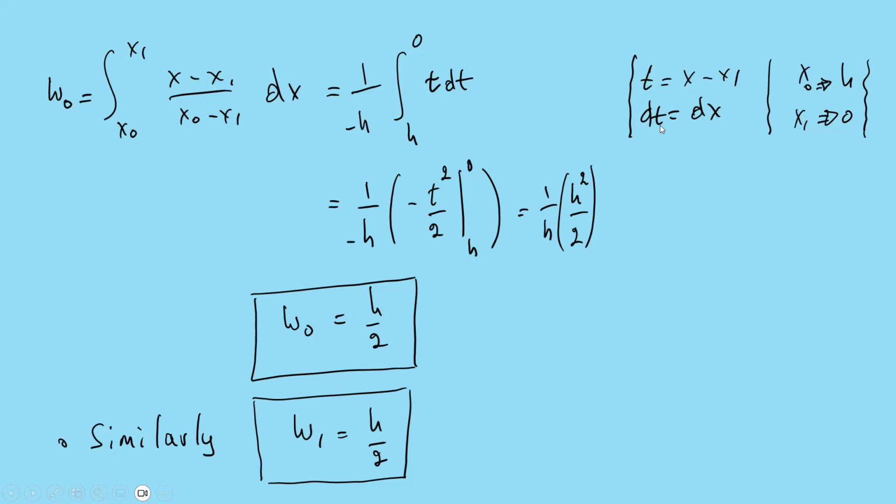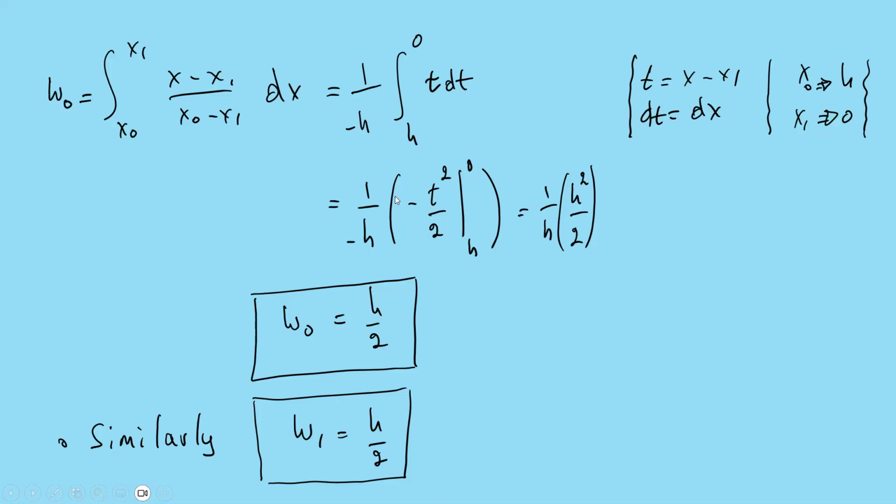Also, if we let x0 be minus h and x1 equal 0, then the limits of the integral change from x0 to x1 into minus h to 0 for the t function.